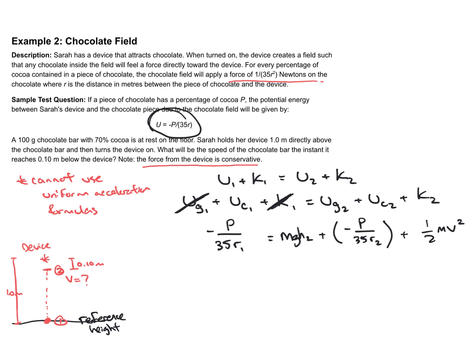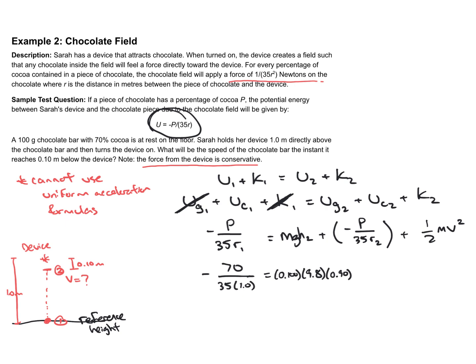I'm going to plug in the numbers first here. So on the left side, negative 70 over 35 times 1 meter, because the chocolate bar starts 1 meter away from the device. mgh, the mass is 100 grams, so 0.100, 9.8 for g, and the height is actually 90 centimeters, 0.90 meters. Okay, that's the ending height.